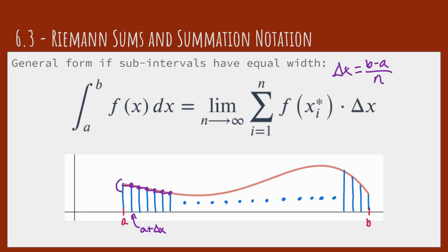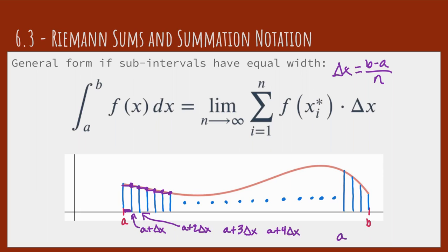Okay, so keep in mind we're not plugging this point in here, but the width of the rectangle here is delta x, so we're going to start at the left endpoint and add on delta x. Then the next one is going to be a plus 2 delta x. Then the next one is going to be a plus 3 delta x. Then the next one's going to be a plus 4 delta x. And you'll notice a pattern here.